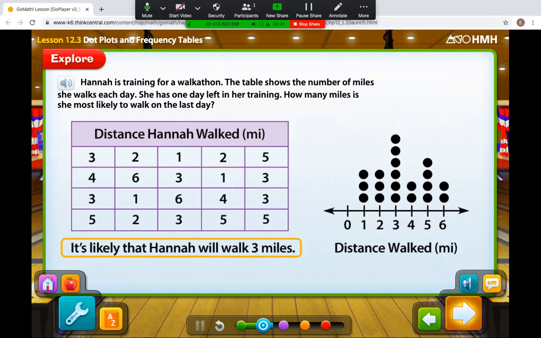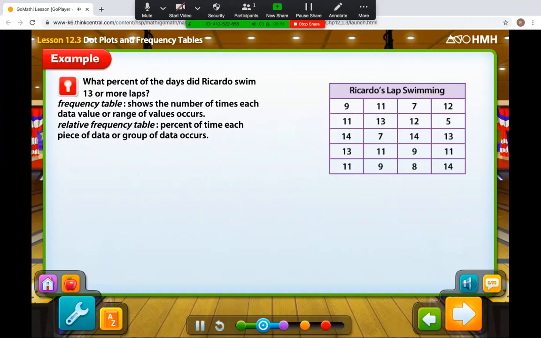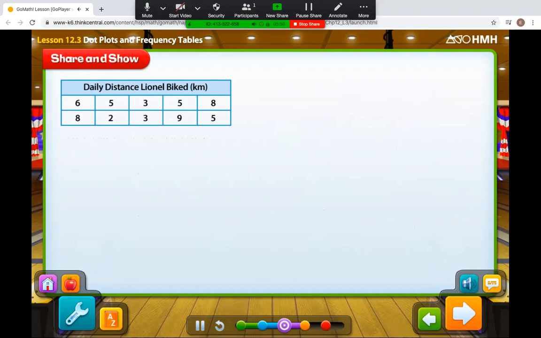It's a graphical display of data using dots, as its name suggests. Let's move on to another exercise where we're going to see how to make a frequency table ourselves. In the table, Lionel kept track of how far he biked each day for 10 days. Use the data to make a dot plot and relative frequency table.